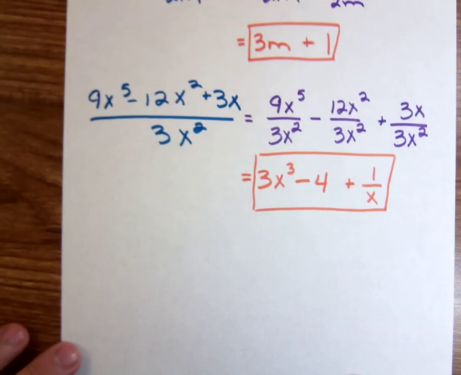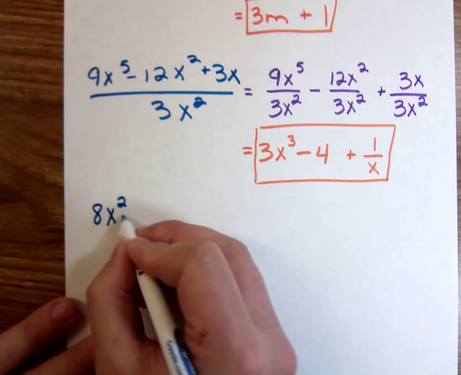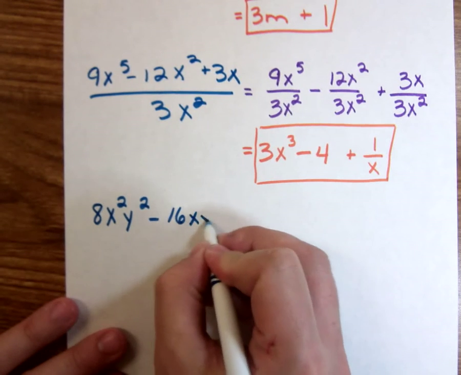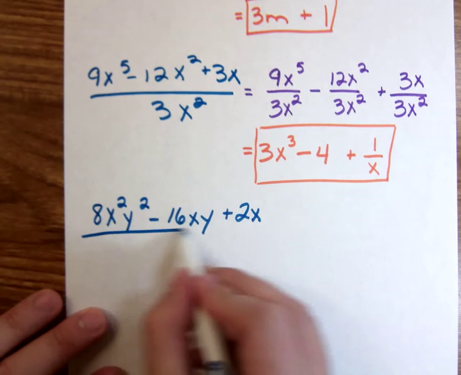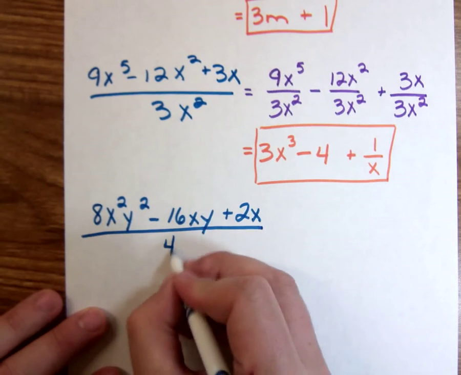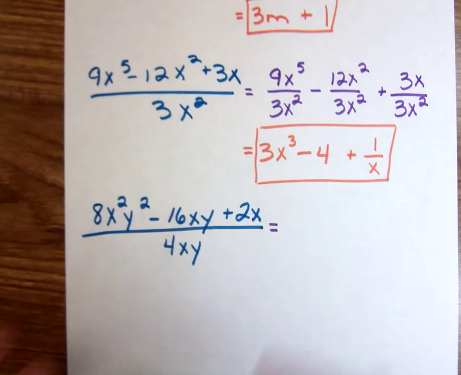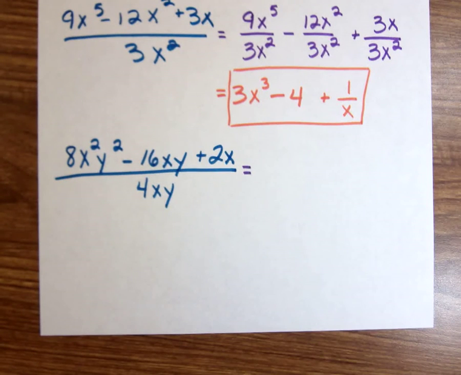Okay, let's do one more monomial one. Step 1 is to split them apart.